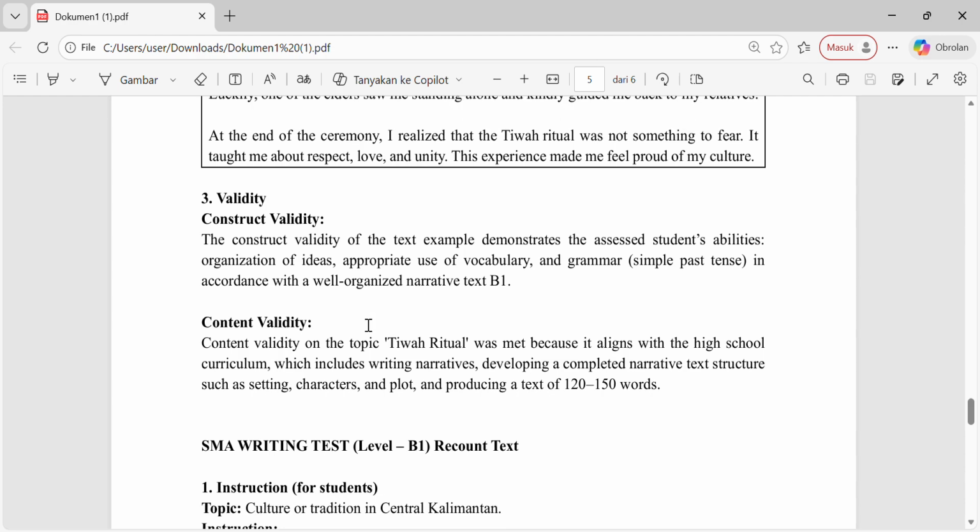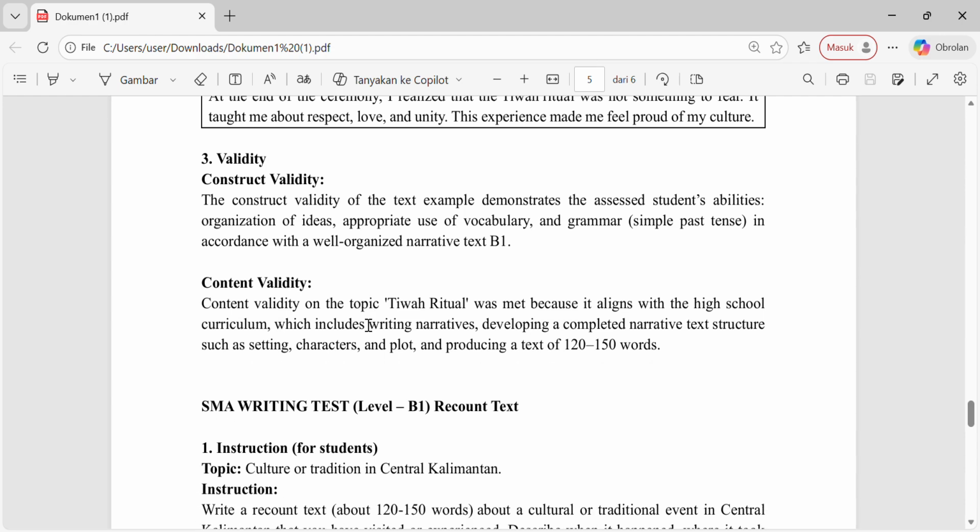And the content validity is that the topic, the Kiwah Ritual, was chosen because it aligns with the high school curriculum, which includes writing narratives, developing a complete narrative text structure such as setting, characters, and plot, and producing a text of 120 to 150 words. So the next will be explained by Nia.